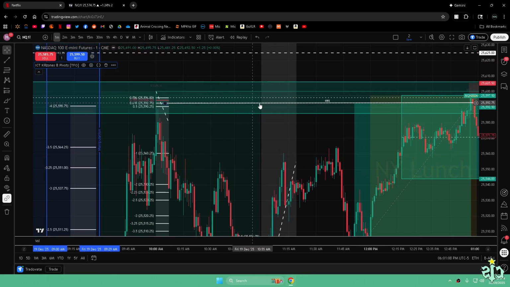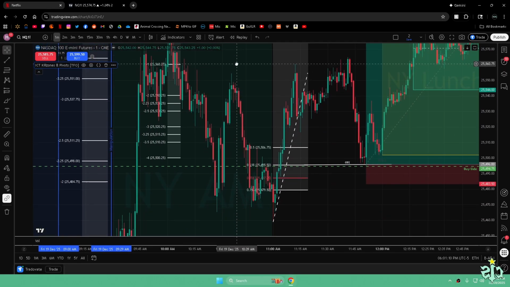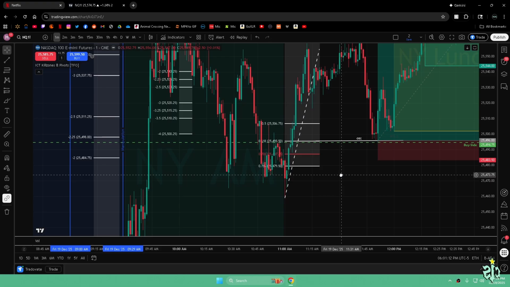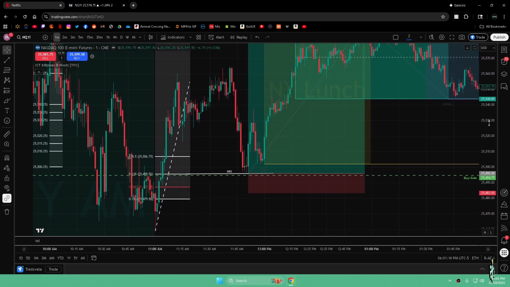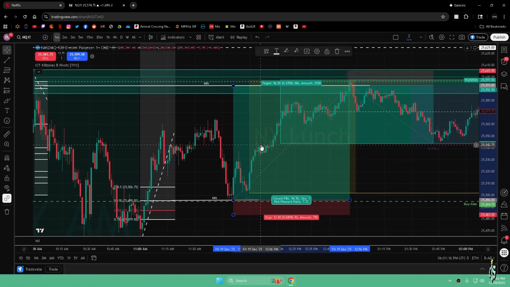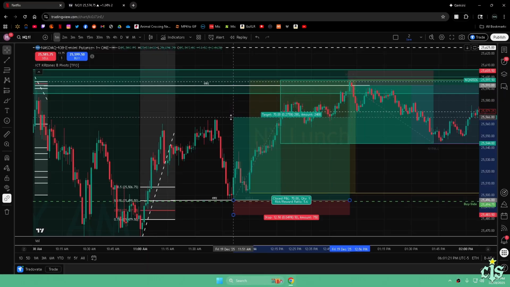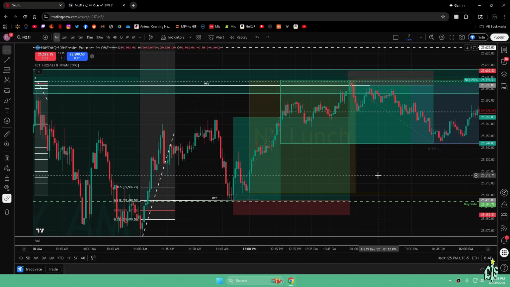I didn't take this trade because I didn't think it would hit that. Instead, I took this long. This long was only for 280-ish points, I believe, on this candle.